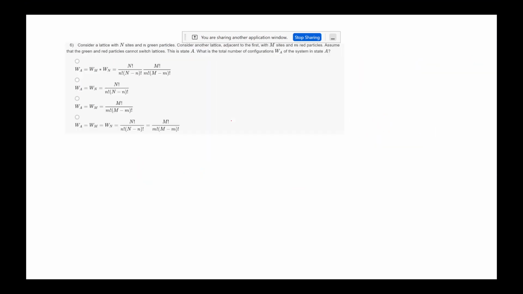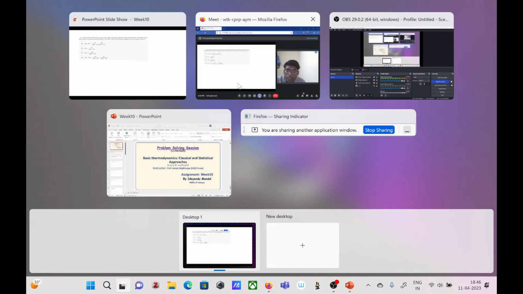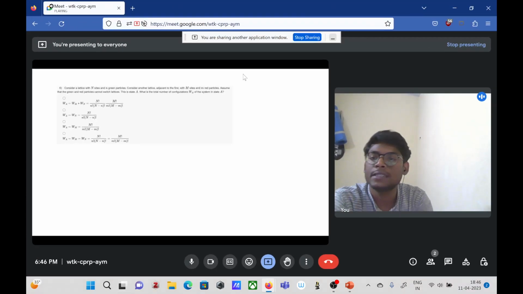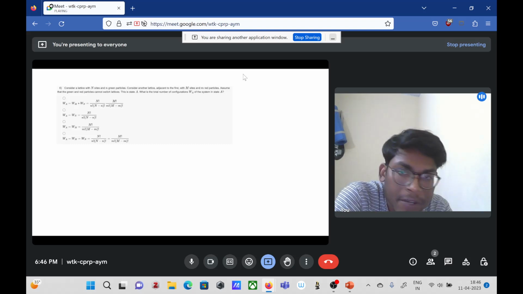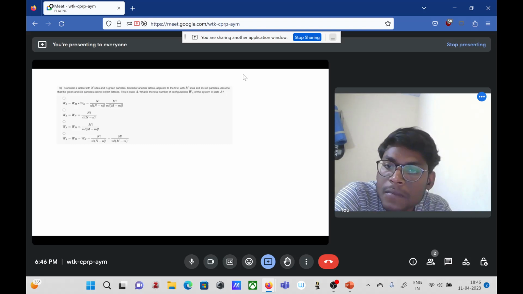So we'll quickly jump on to the next problem that says, consider a lattice with n sites and n green particles. Consider another lattice adjacent to the first with m sites and m red particles. Assume that the green and red particles cannot switch lattices.